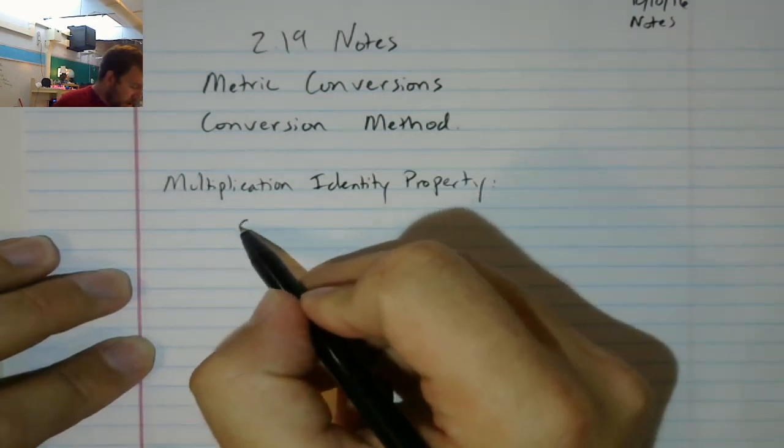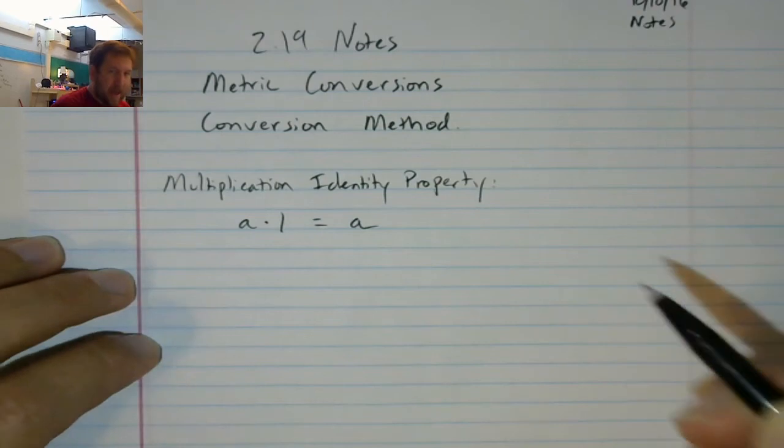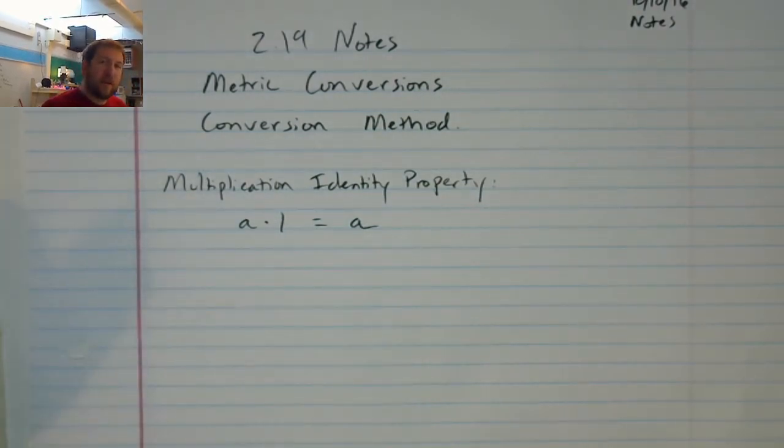So I can write it like this: A times 1 equals A. It doesn't change. So what I need to make sure that I do every time I'm doing my conversion method is that I'm multiplying by 1. And then I won't change the number. Okay? So first let's take a look at some of our units.